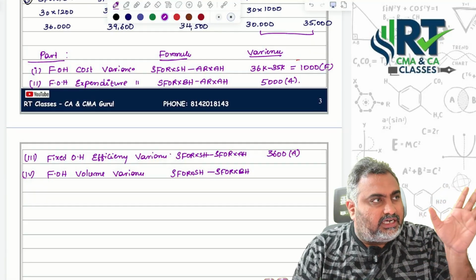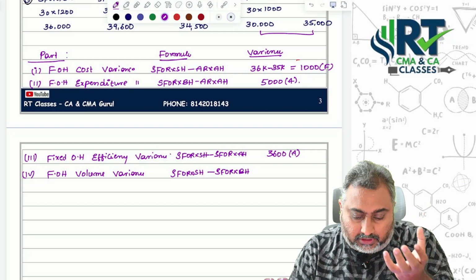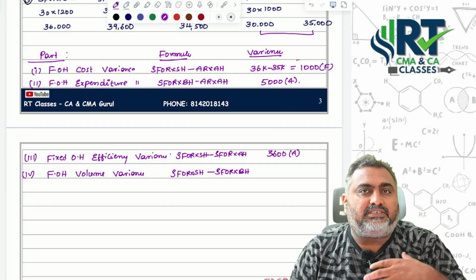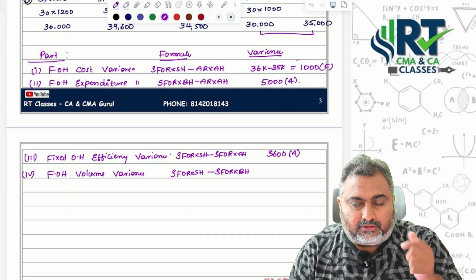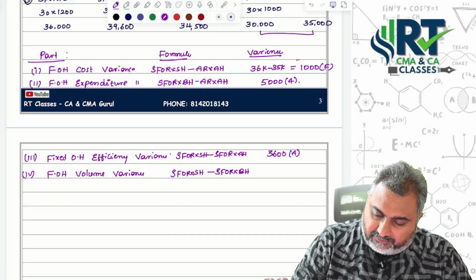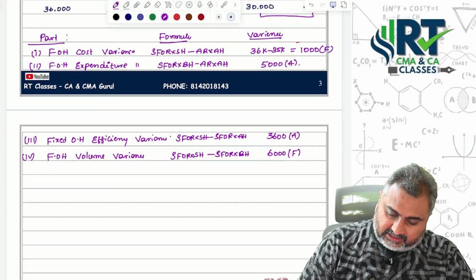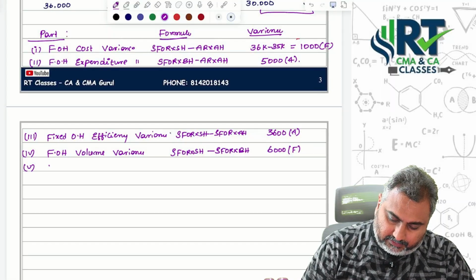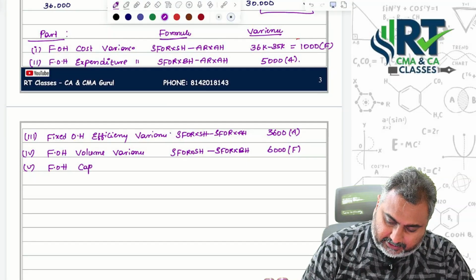That's the reason standard hours and budgeted hours link up with output. That's the reason volume variance means SFOR into SH minus SFOR into BH. How much? 6,000 favorable. Next, fifth one, fixed overhead capacity.